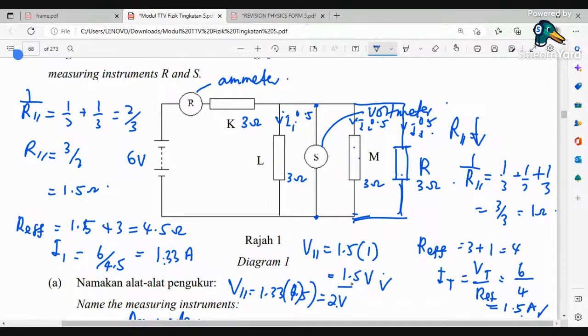So you can see current increases. Do you see? At first, 2 resistors is 1.33, 3 resistors 1.5. And then the voltage, 2 resistors 2 volt, 3 resistors 1.5 volt. So you can see the reading of current increases, voltage decreases.